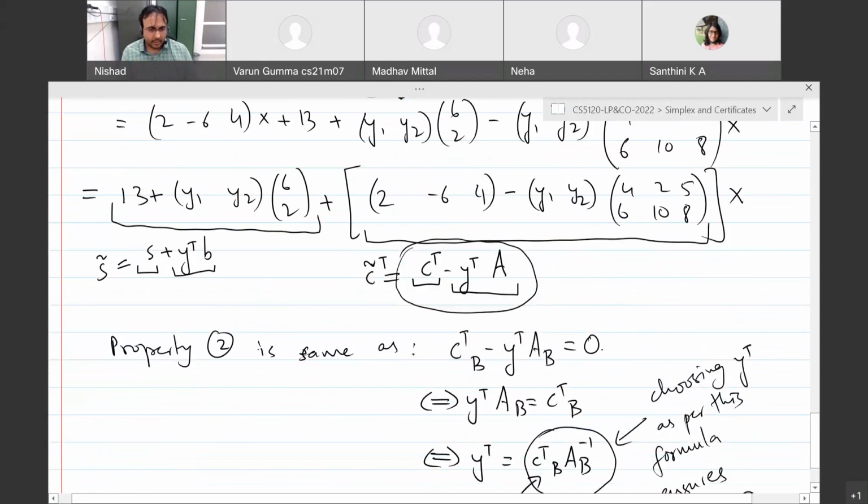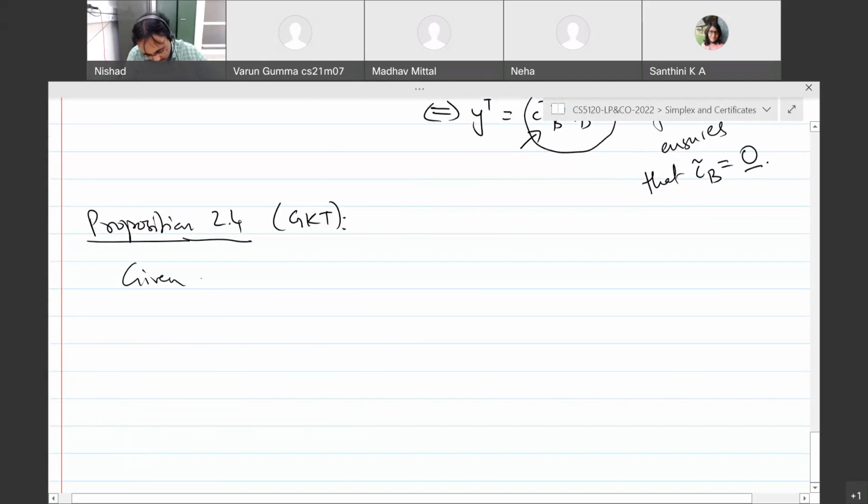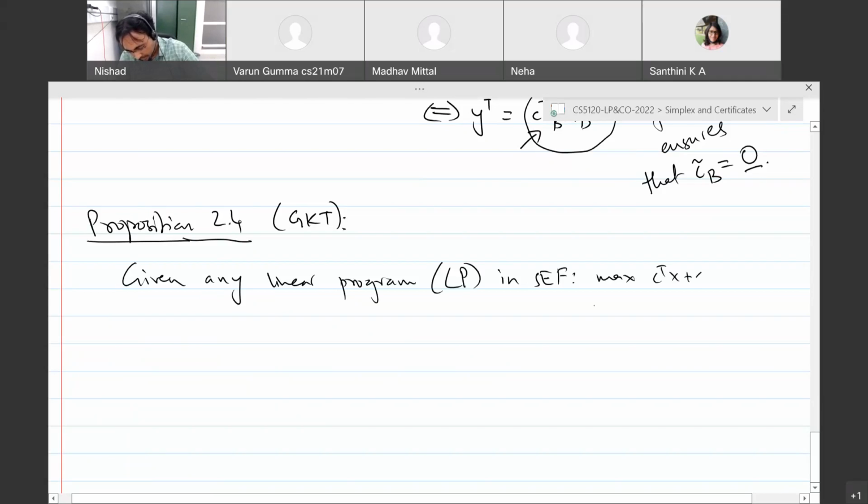I'm going to put this all down as a proposition. So this is proposition 2.4. Given any LP, let's say it's called LP in SEF, right?